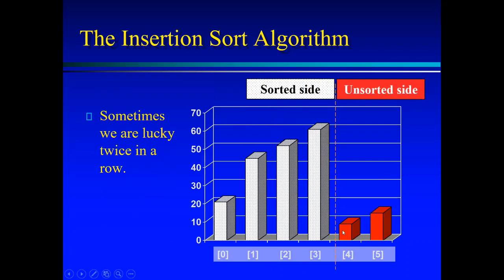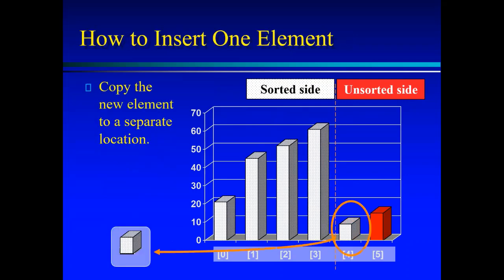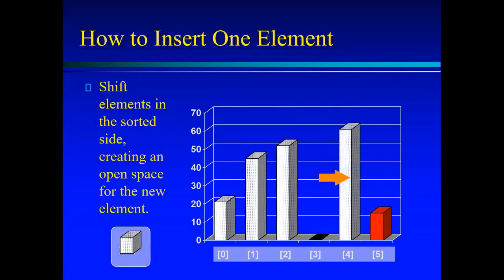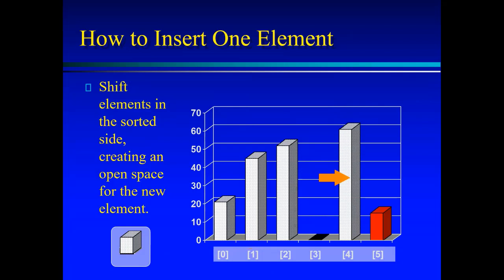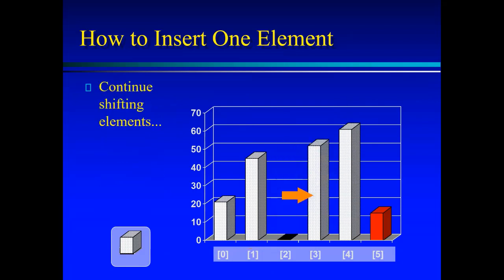We're going to compare it with the fourth element. The fifth element is smaller, so we're going to swap it with the fourth, and then compare it with the third element. It is smaller, so the third element will go to the fourth slot, and then compare it with the second element.